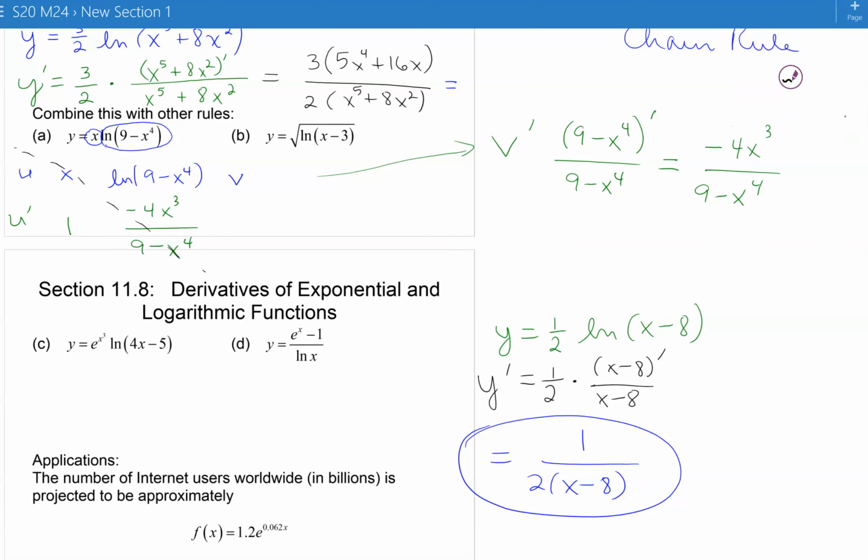Then let's do our diagonal multiplication and get y prime is the ln of 9 minus x to the 4th plus negative 4x to the 4th over 9 minus x to the 4th.